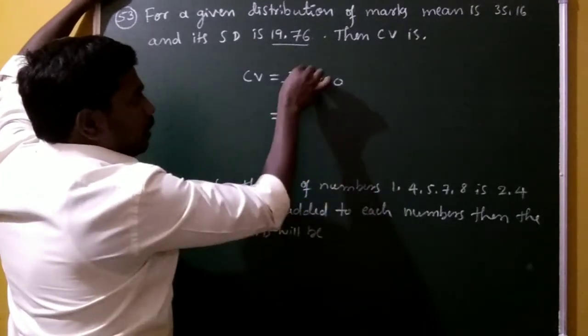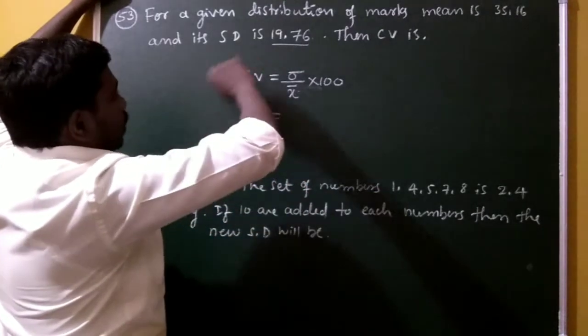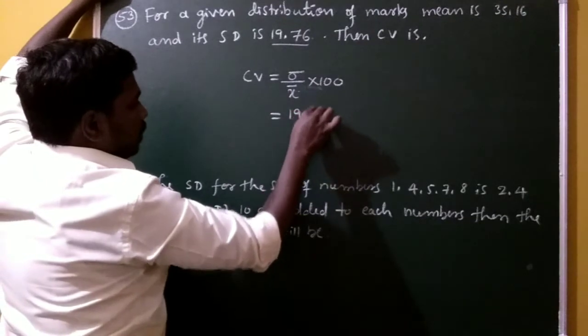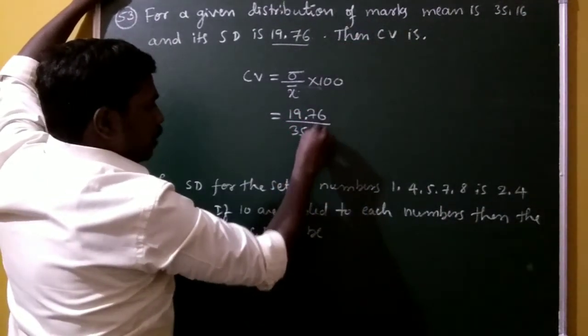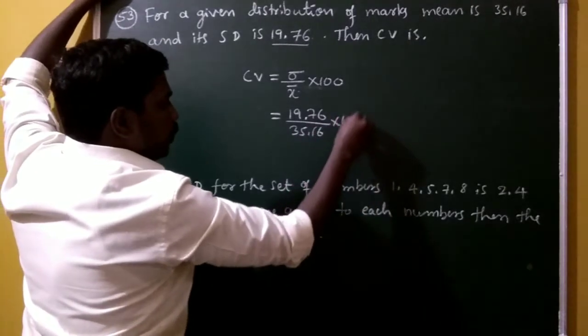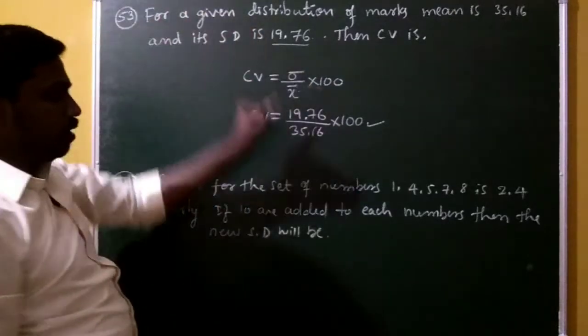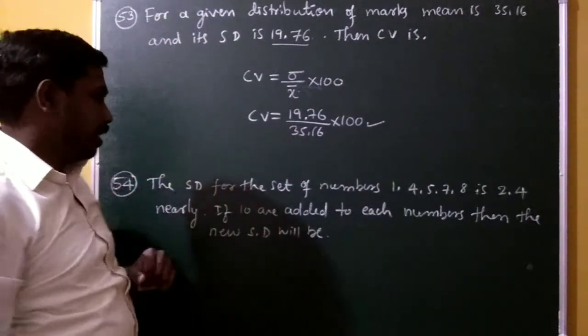So the standard deviation is 19.76 divided by the mean 35.16 into 100. This is the answer. So option 4, see: 19.76 divided by 35.16 into 100.